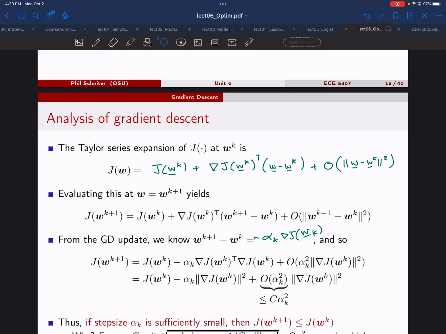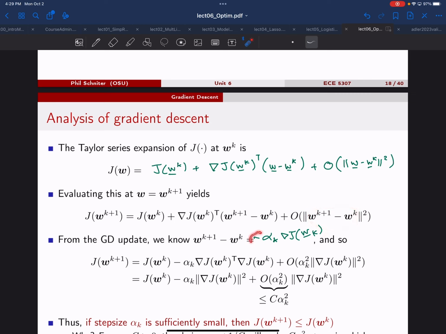Okay, so that means we can plug this term into here and here. And when we do that, alpha_k is just a scalar, so that comes out. We get minus alpha_k times this gradient transpose times this. And then over here, this thing goes inside this norm.